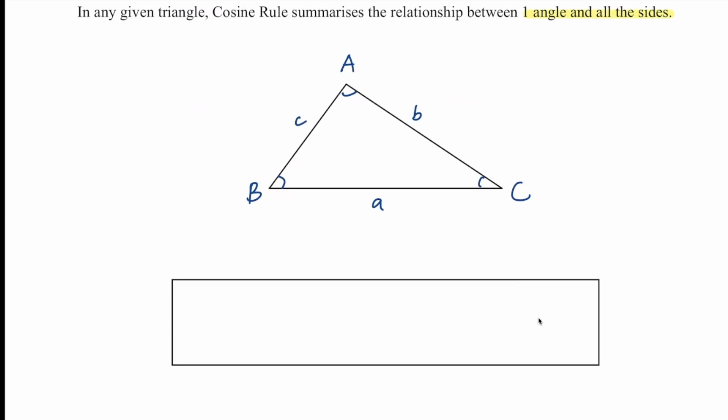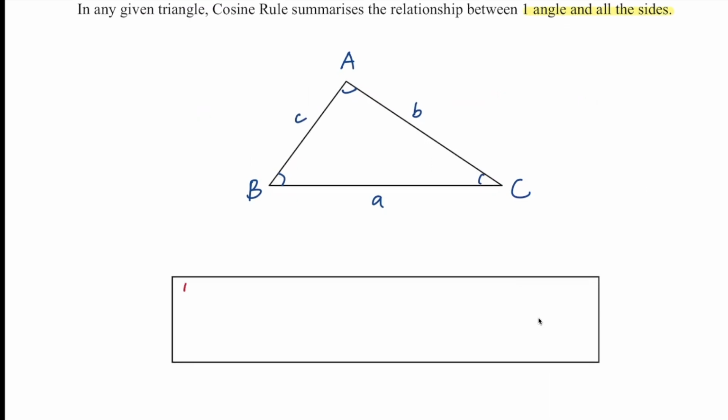Okay, so what the cosine rule says, and that is in your formula list, is a squared equals b squared plus c squared minus 2bc cosine A. Okay, it is very long, yes, but it is in your formula list, so there's no need to memorize.